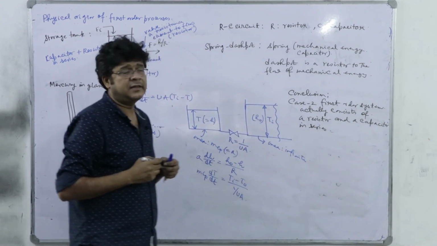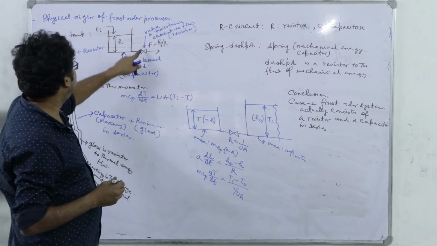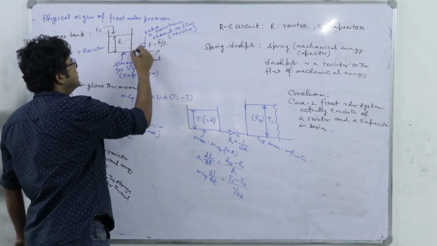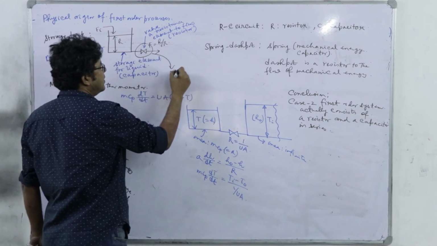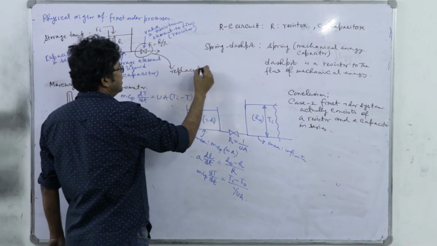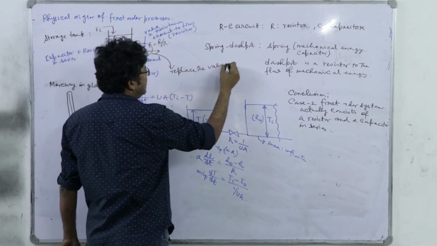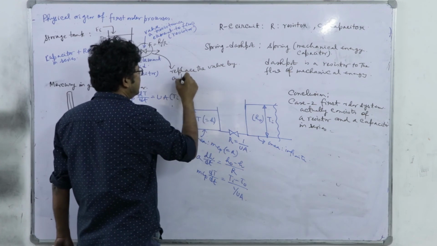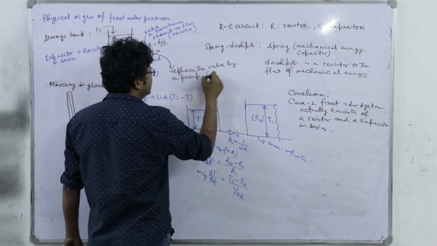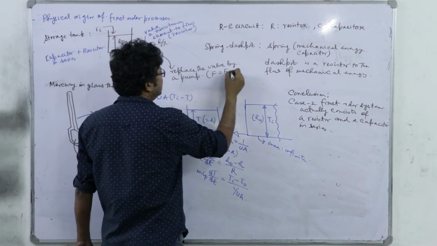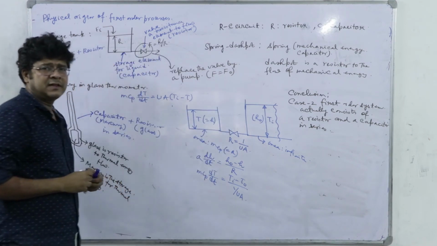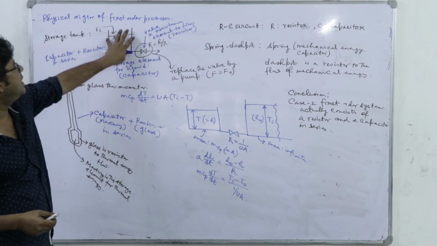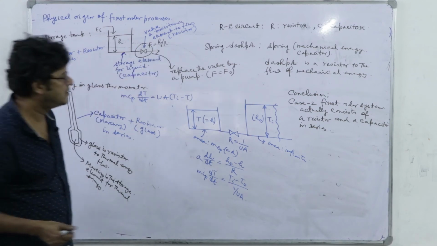Whereas in the case 1 system, if we replace the valve by a pump, F is equal to F naught. So, it is a constant element and only we have a capacitor, nothing else.